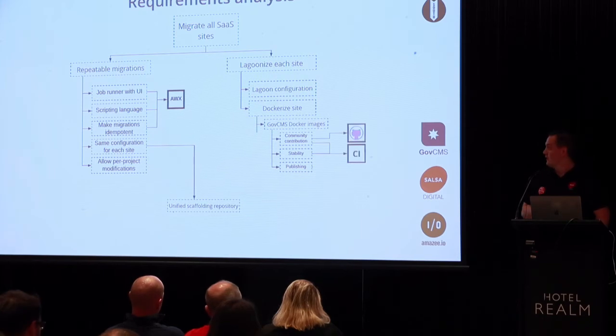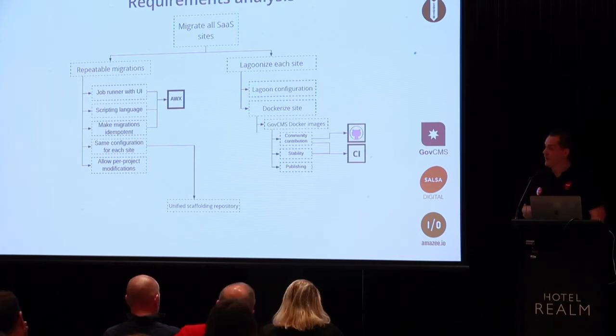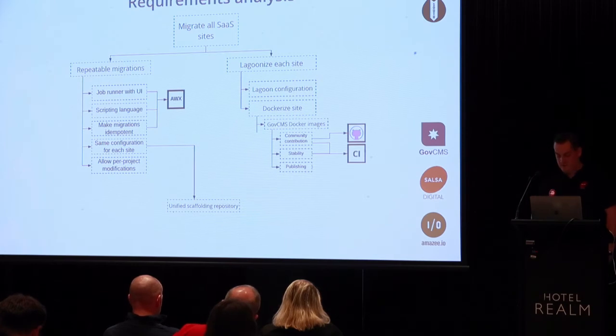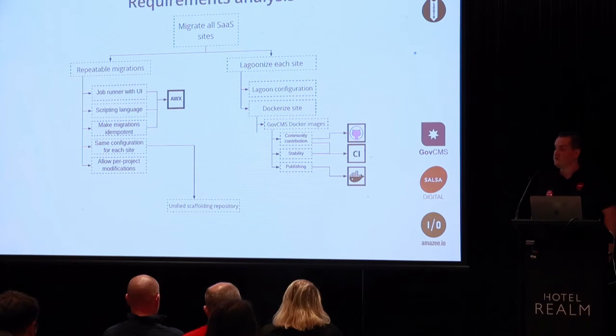So we opened the images through GitHub to make them public, and for stability, we had to provide continuous integration with testing. All the GovCMS images are tested, and they're published to Docker Hub automatically as the latest releases. There's also the ability to publish them manually once they are stable and ready for release.